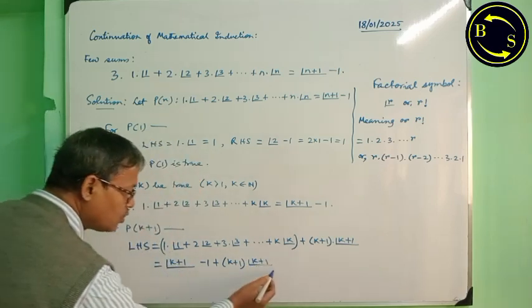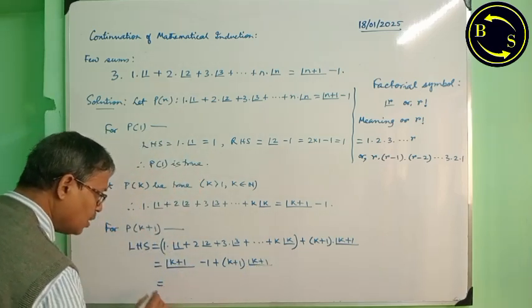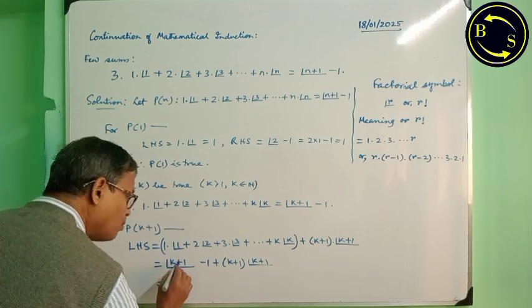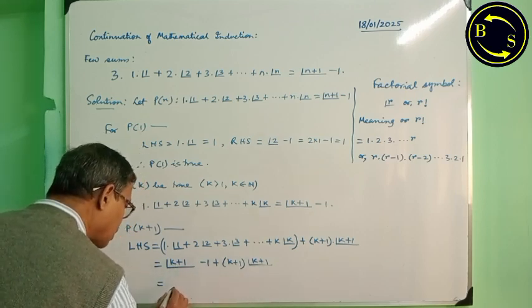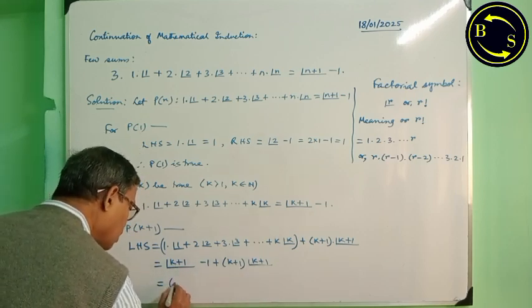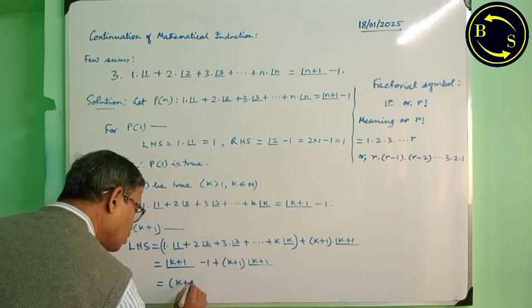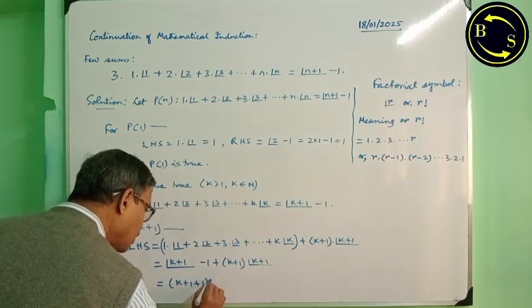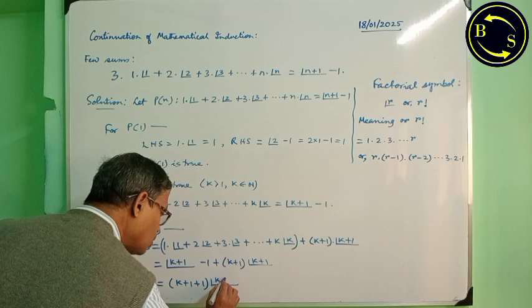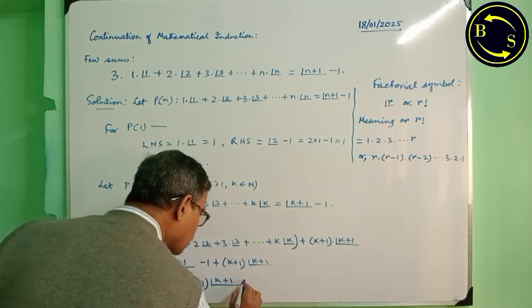Now I take these two terms together, and k plus 1 factorial is a common factor, then (k plus 1 plus 1) into factorial k plus 1 minus 1.